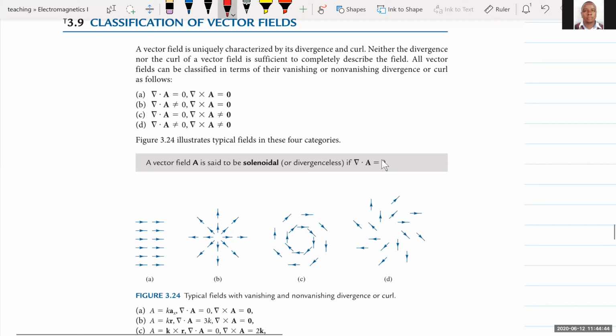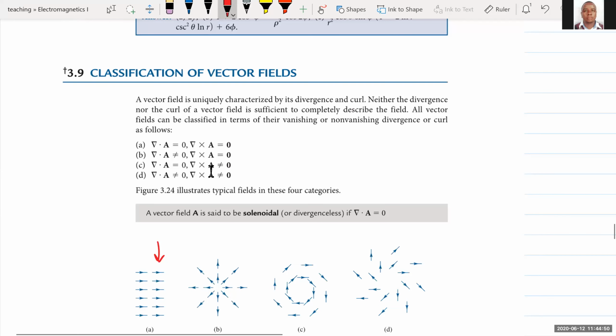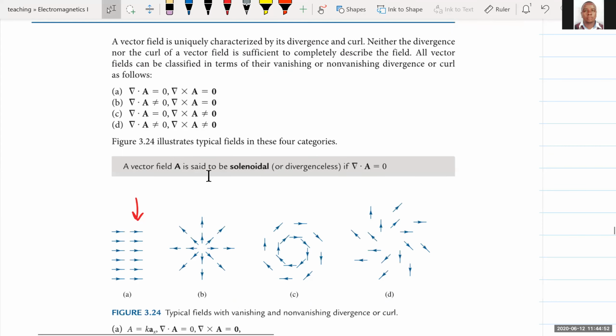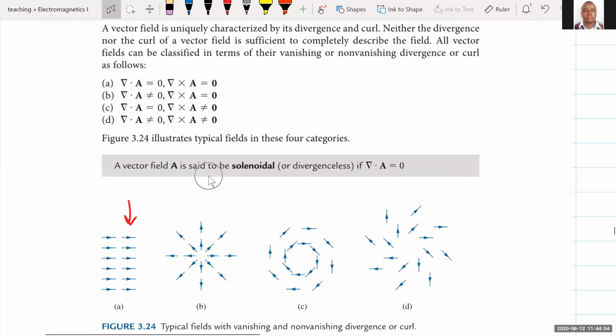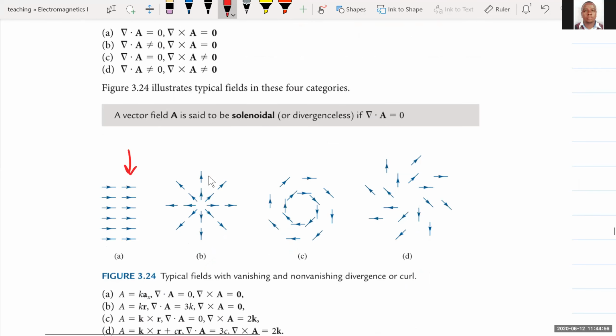Like for instance, if you look at this figure 324, probably I should just zoom slightly so that you see. If you look at this one, you can simply see that at any point P, there is one arrow that is getting in, and another one that is getting out. And therefore, the divergence of that vector is simply going to be zero.